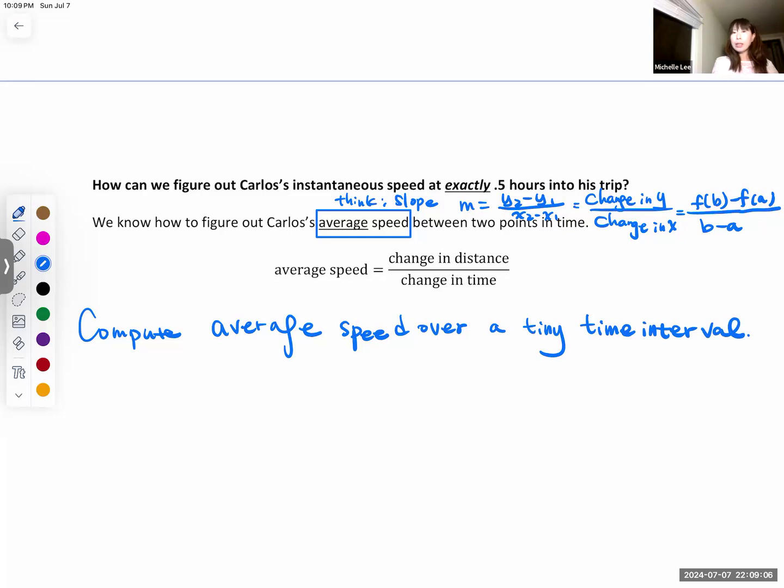Okay, so we had a change in distance when 0.5, right? So let's denote it this way.